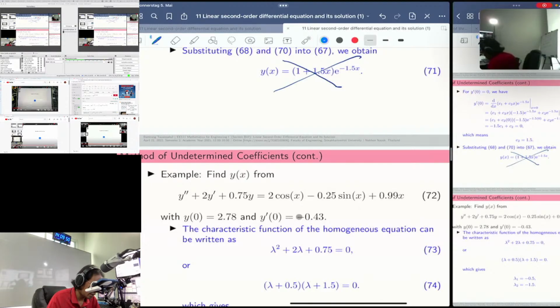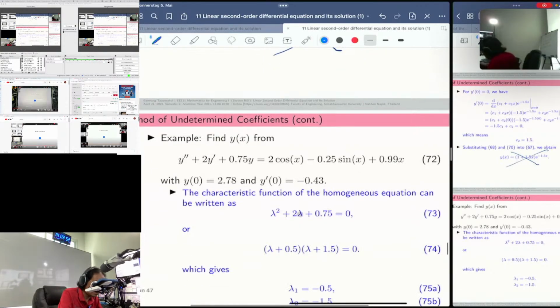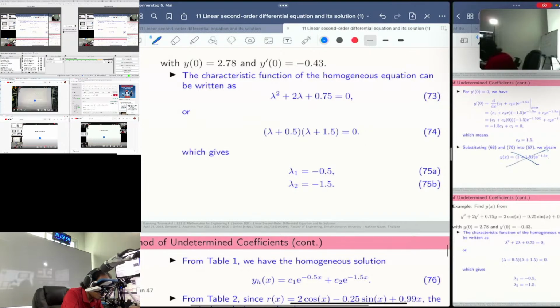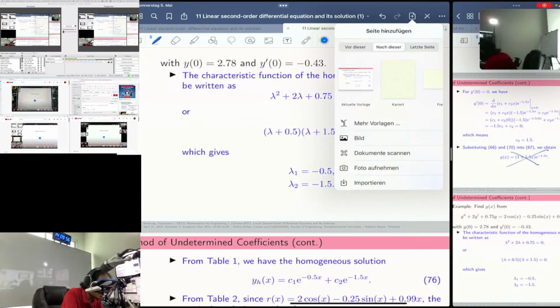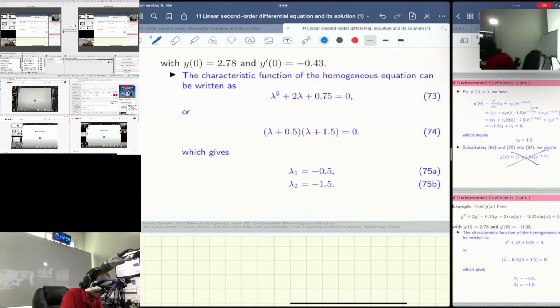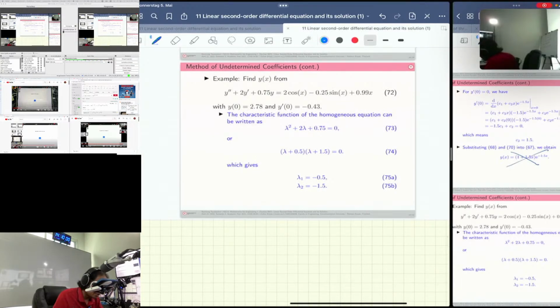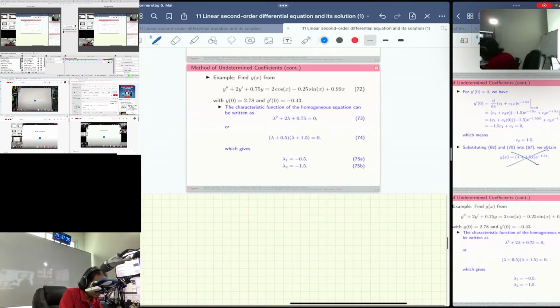So let's do it again, and it's more difficult because there is a combination of two kinds of particular solution, because we have the sinusoidal term and the polynomial term here. Don't worry about it. It might be more complicated.